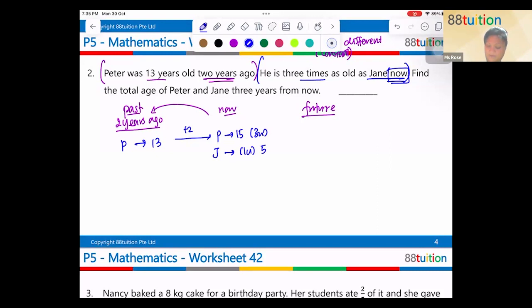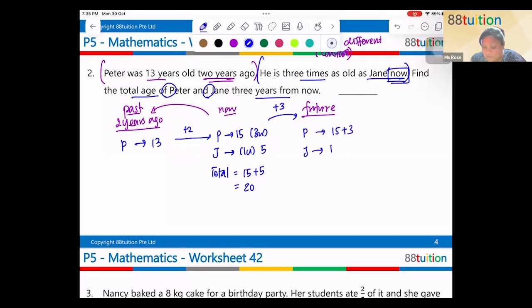Now, what is their total age now? That's 15 plus 5, which is 20. So you want to find the total age of Peter and Jane 3 years from now. That means from now, I must plus 3 for Peter, and for Jane, I must also plus 3.